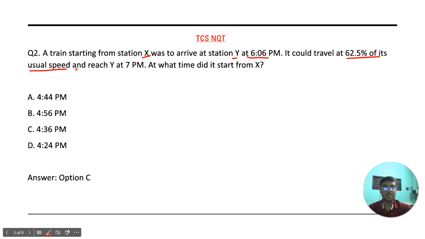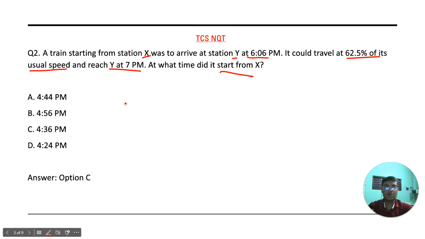That is, our original speed is 100% and 62.5% is the reduced speed, and reach Y at 7 p.m. Obviously, if our speed reduces, then the time to reach our destination increases. So that's what has happened. It reaches at 6 usually, but has reached at 7 due to the reduction in speed. At what time did it start from X? So we need to find the starting time.